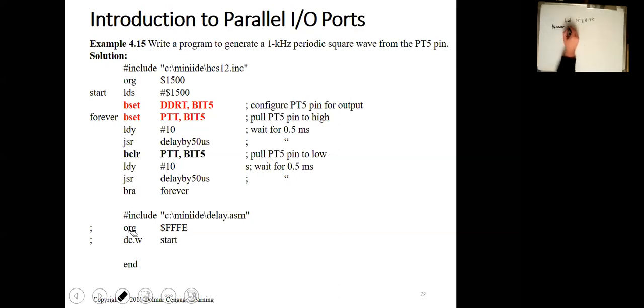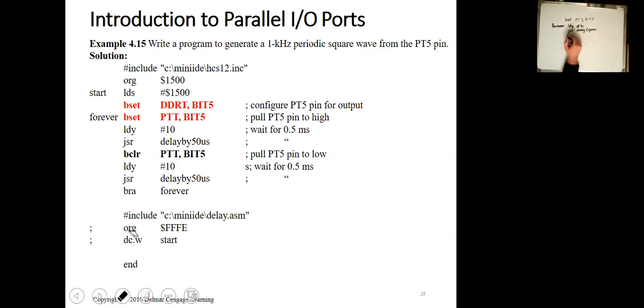Then inside it, LDY #10, jump to subroutine delay 50 microsecond. Then after 500 microseconds, I want to change the state of the pin to 0. How can I do that?